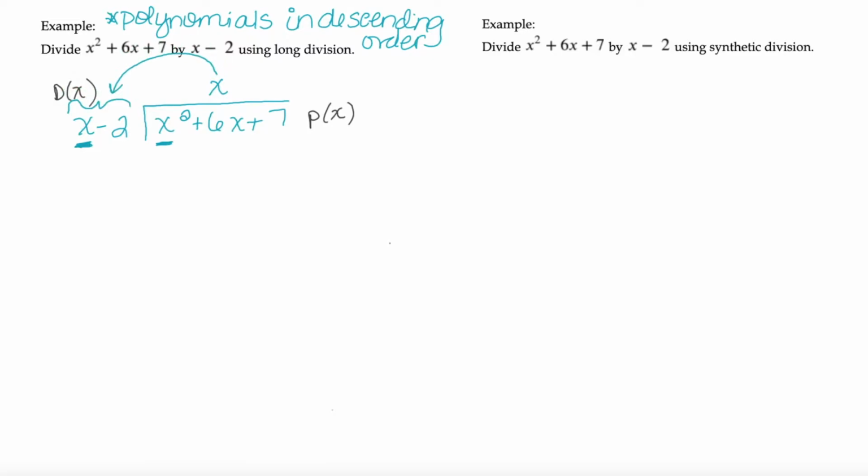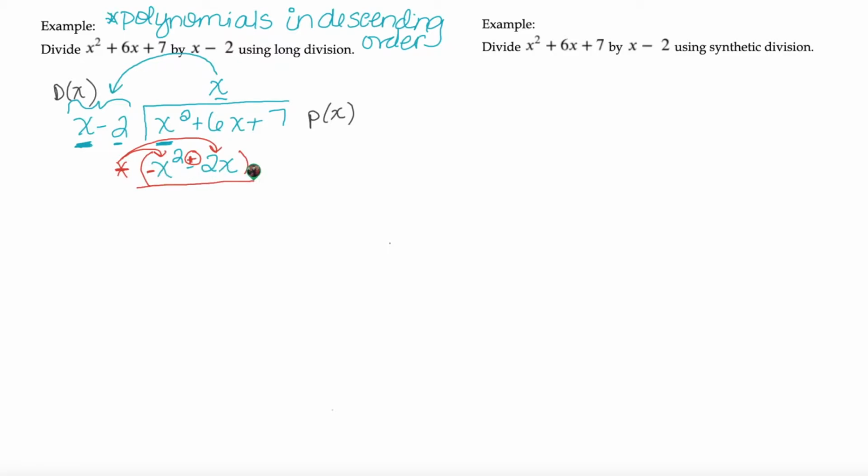Well, x times x is x squared, and x times negative 2 is negative 2x. When we typically do long division, we then subtract, right? So I need to subtract this whole thing. I'm subtracting this whole piece. So I need to distribute my sign so that I have negative x squared and positive 2x when I distribute.